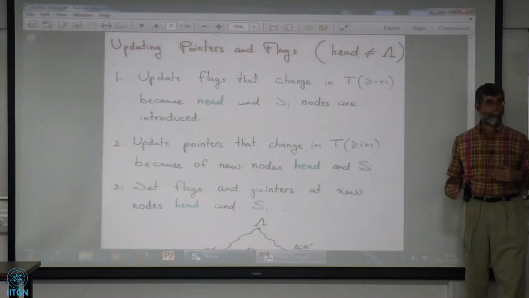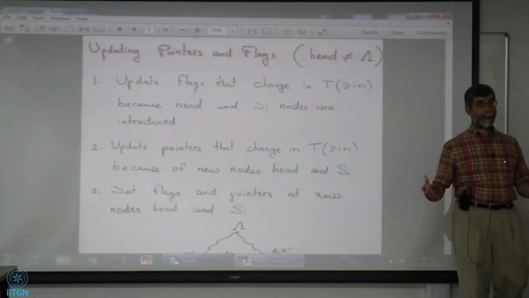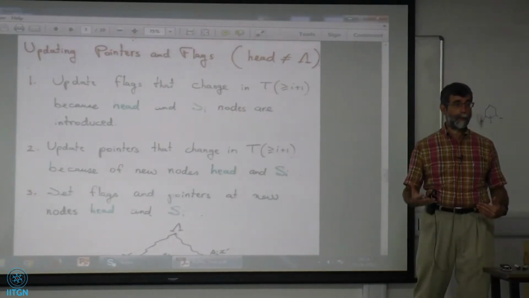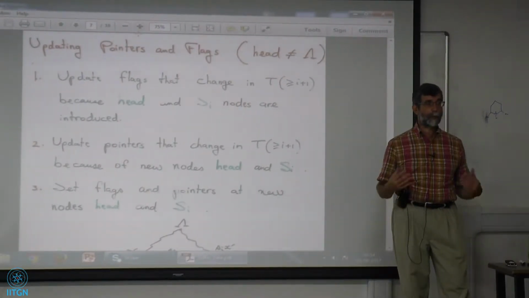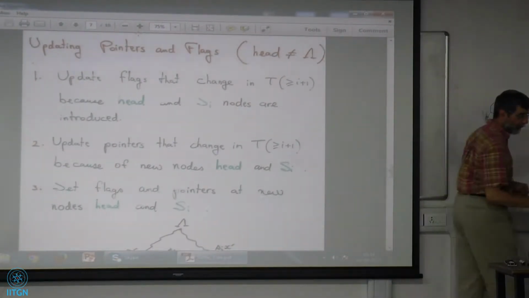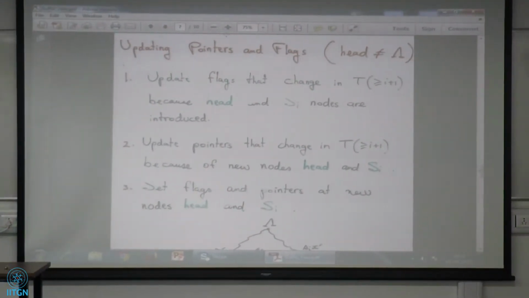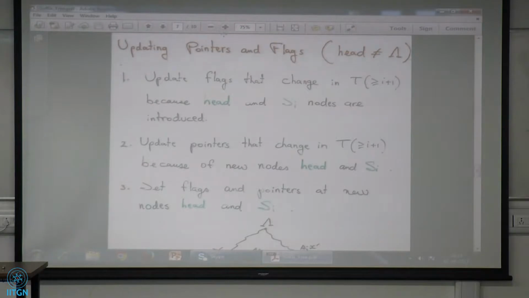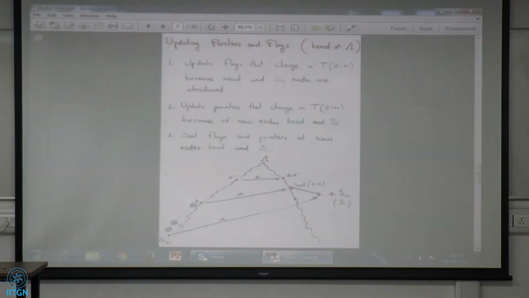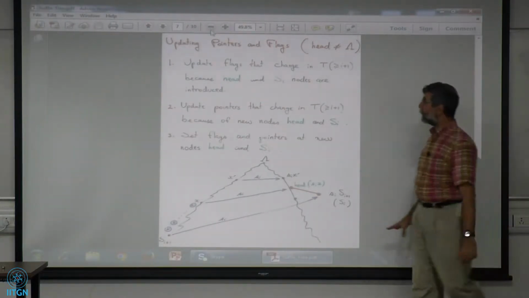And in order to prepare your data structure for the next step, you need to now update all the pointers and all the flags, so that when the next one comes around, they don't flounder like a fish out of water. So let's see. I think I need this to be a little bit smaller. Good. Okay, so the picture here looks very good.